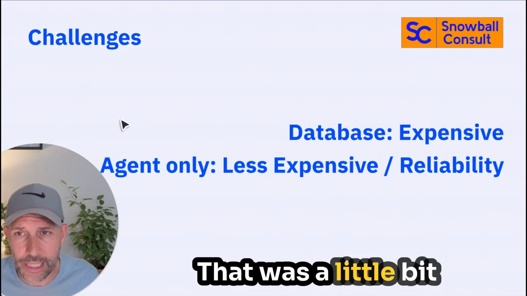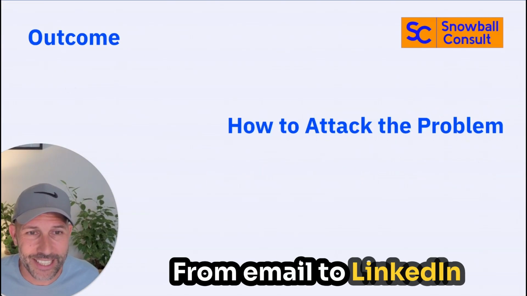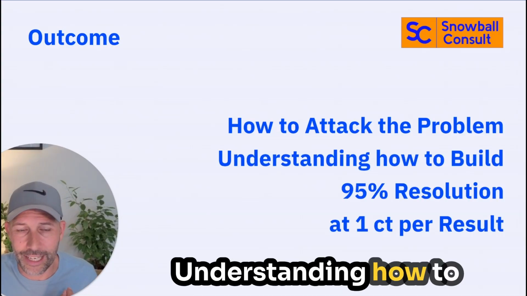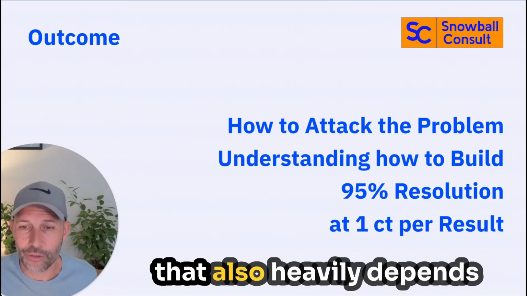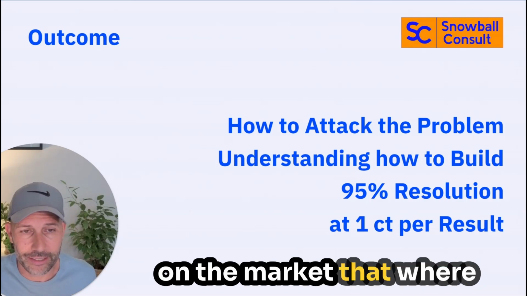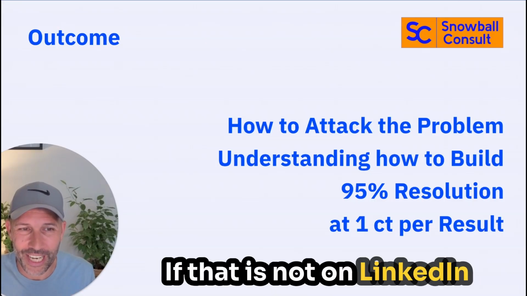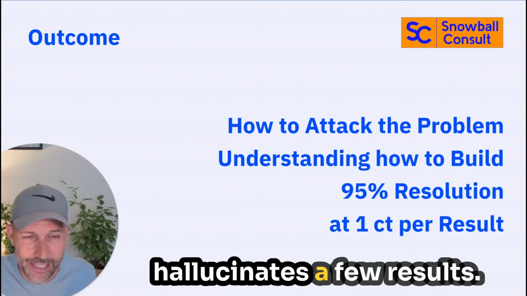Okay, that was a little bit of an excursus on, how did I call it, from email to LinkedIn, talking about how to attack the problem, understanding how to build, and how to get to this 95%. It's probably even a little bit more, but that also heavily depends on the market, where basically the people live. If that is not on LinkedIn, it might be a little bit more challenging because maybe it hallucinates a few results.